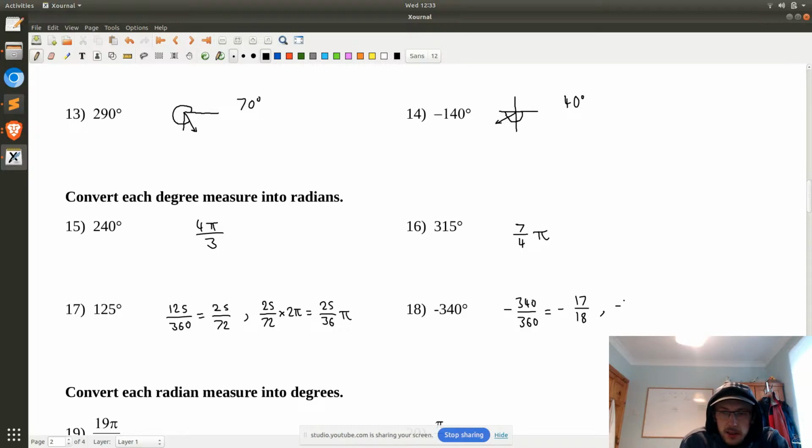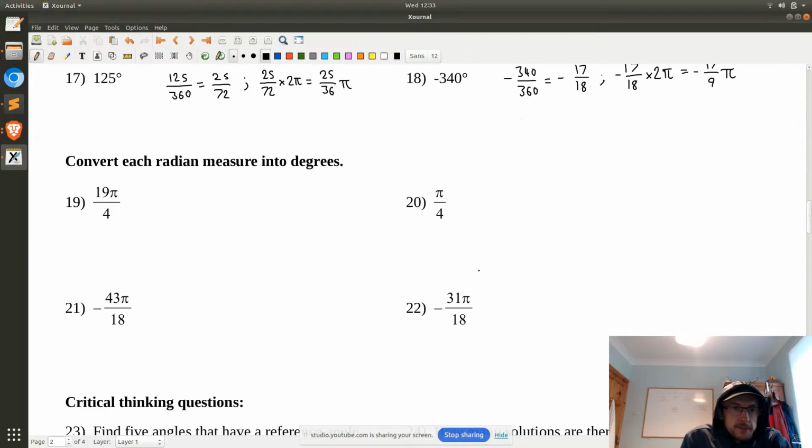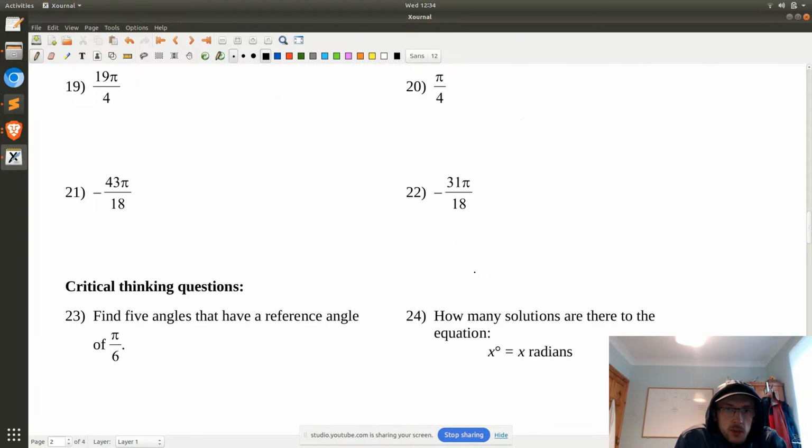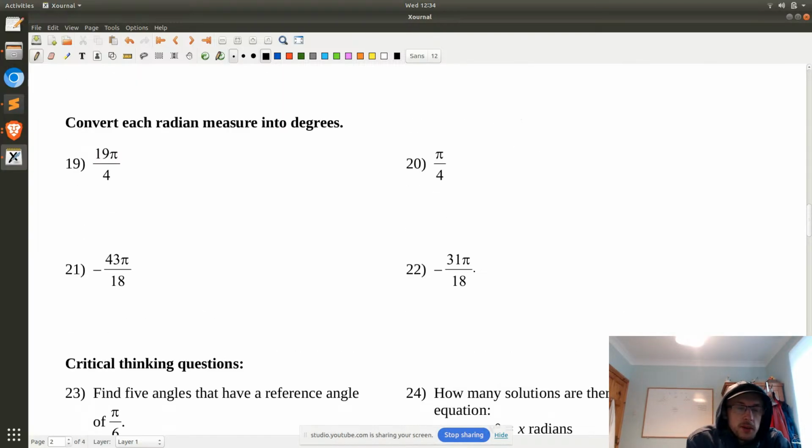Then times that by 2 pi. And we get negative 17 over 9 pi. And we check. And that's correct.